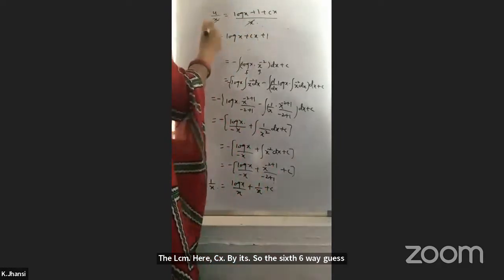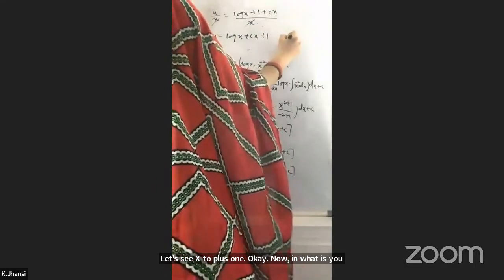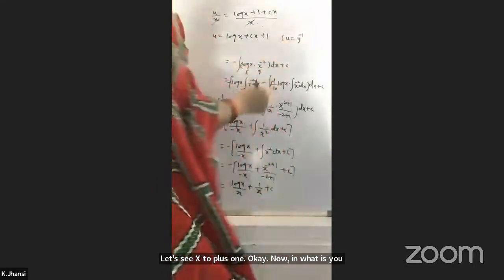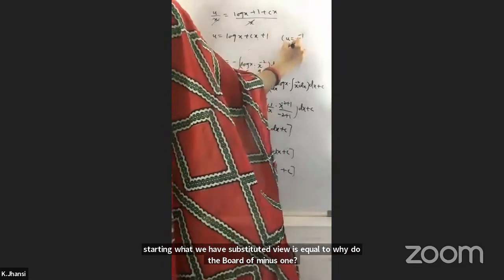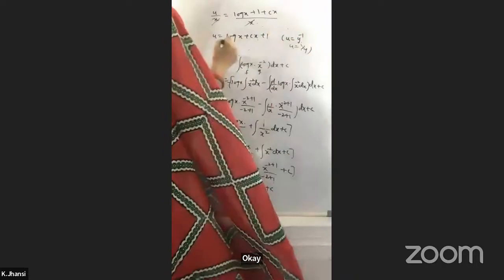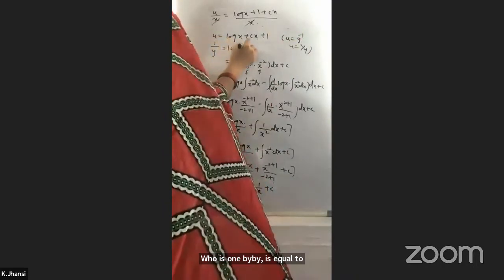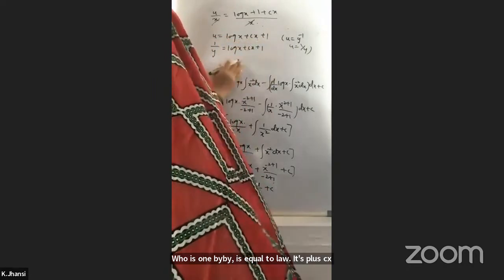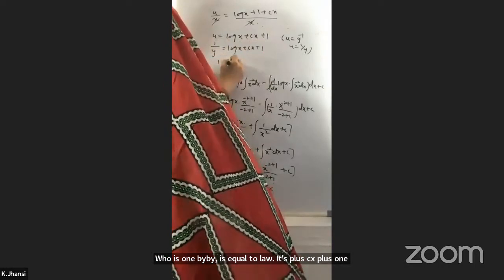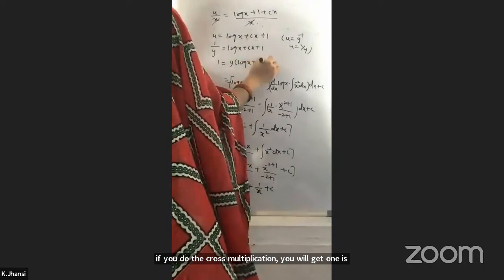Now again, what is u? Starting, what we have substituted is u equals y to the power of minus 1, that is u equals 1 by y. Now substitute here: 1 by y equals log x plus cx plus 1. If you do the cross multiplication, you will get 1 equals y of log x plus cx plus 1.